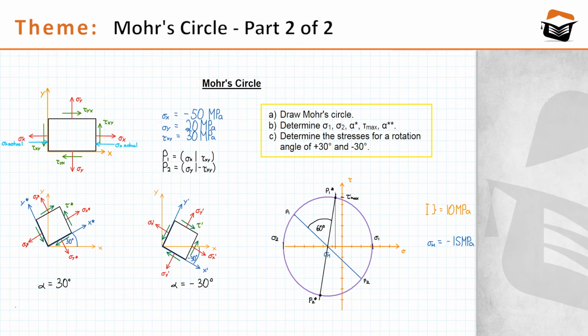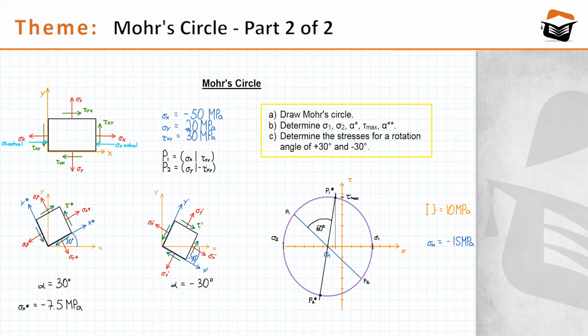So let's record that value. Sigma x star is equal to minus 7.5 megapascal.